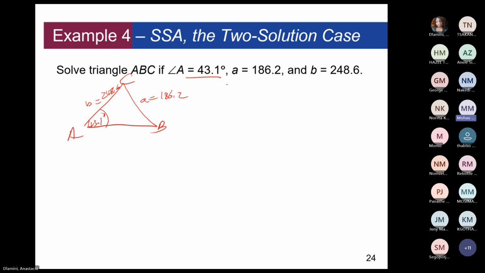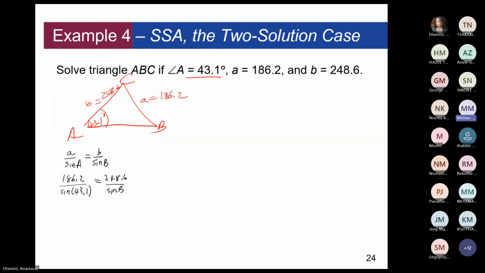Yes. Okay, so now we're just going to say a over sine A equals b over sine B. We're given the information, so small a is 186.2 over sine of A, which is 43.1, equals 248.6 over sine B. Okay, so now we're going to do a cross multiplication from here.